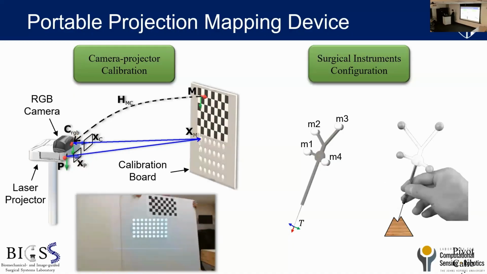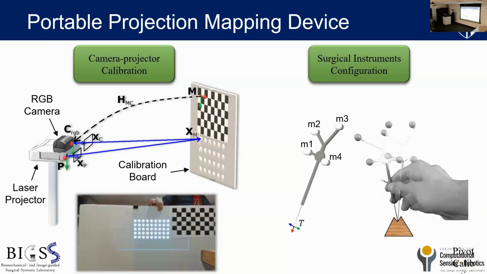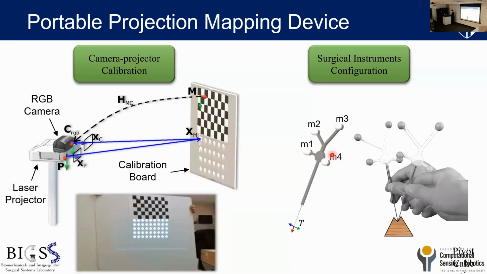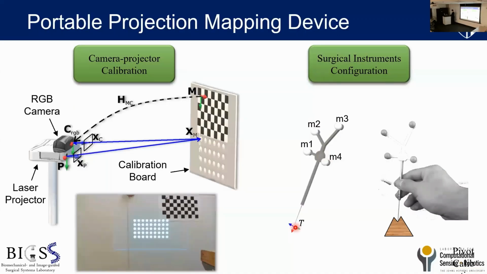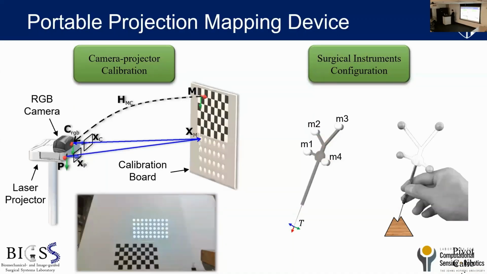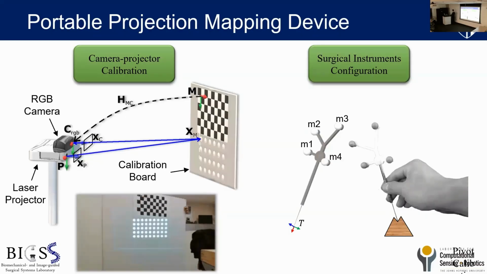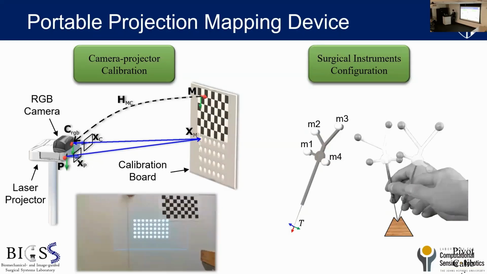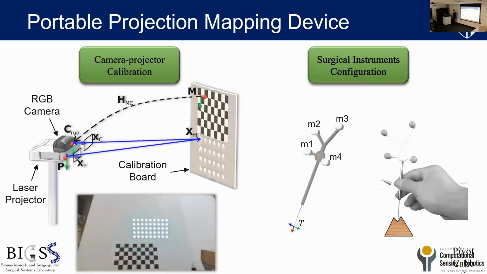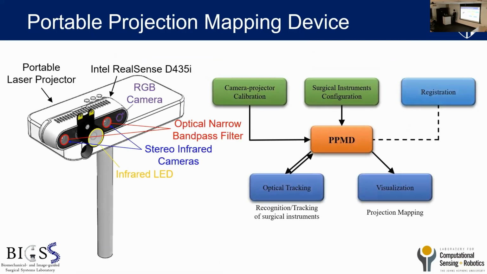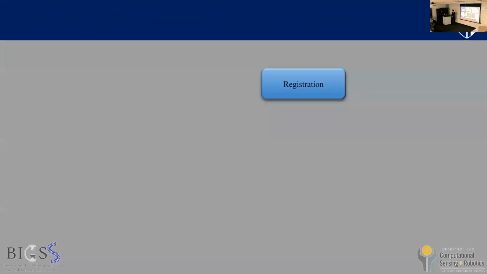And then we need to perform a pivot calibration to configure the surgical instrument that we're going to use. This is to find the tool tip position with respect to the markers, and the user just pivots around the point while the camera tracks the surgical instrument. After these two calibrations, we can start using the system to perform patient-to-CT registration.